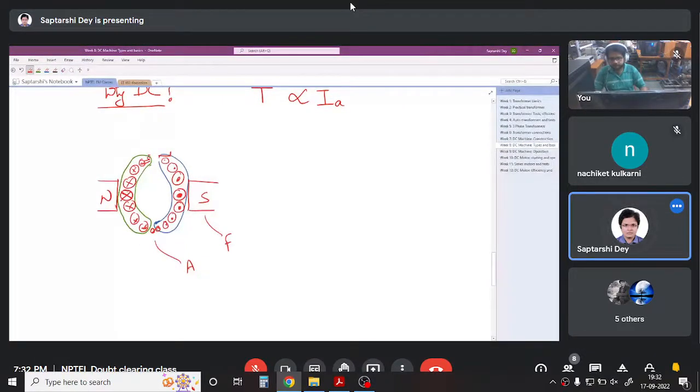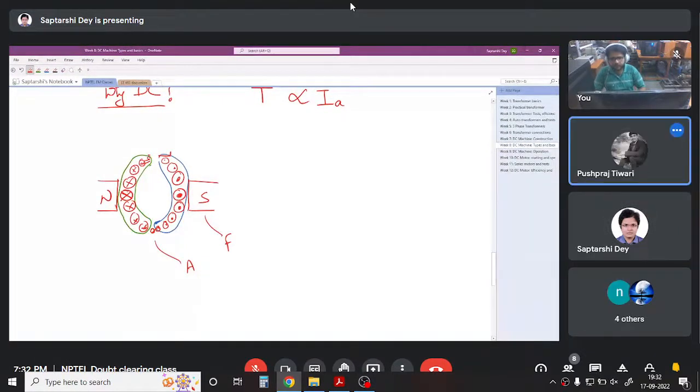Yeah, go on. North to south. Can you be more discreet? Left to right, top to bottom, or something like that? Anyone else wants to try? We have current direction and we have to find out the direction of magnetic field.